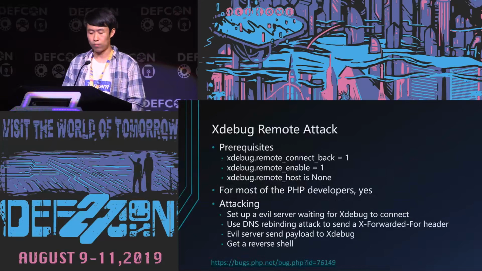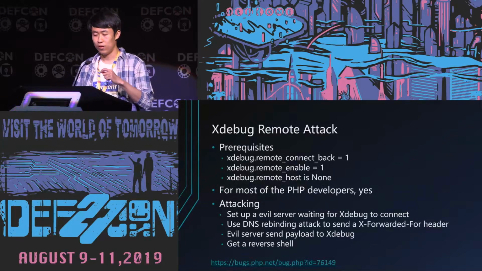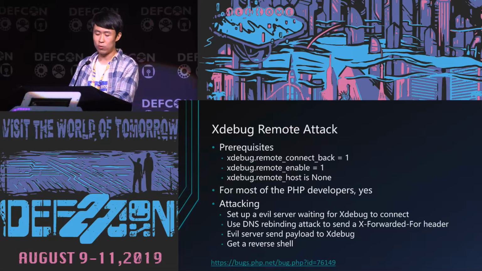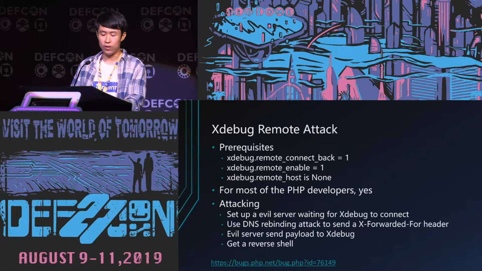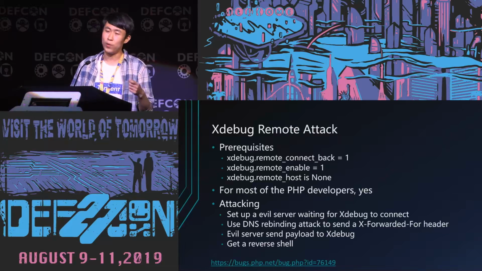So if we have these three configurations in Xdebug: remote_connect_back set to true, remote_enable set to true, and remote_host not set. And this is almost always met for most PHP developers.